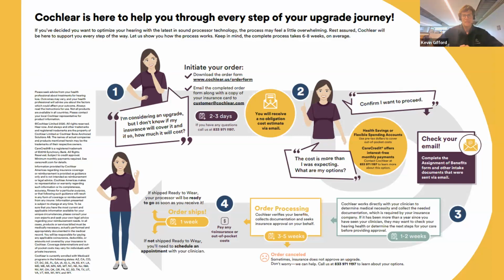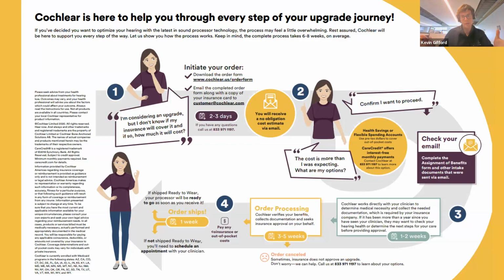Also, we ask you to fill out an assignment of benefits. I know an assignment of benefits is a big question, what it is and what it does. The assignment of benefits is you giving Cochlear the authority to work and bill your insurance on your behalf. So you are pretty much saying, Cochlear, I want you to take care of this for me.